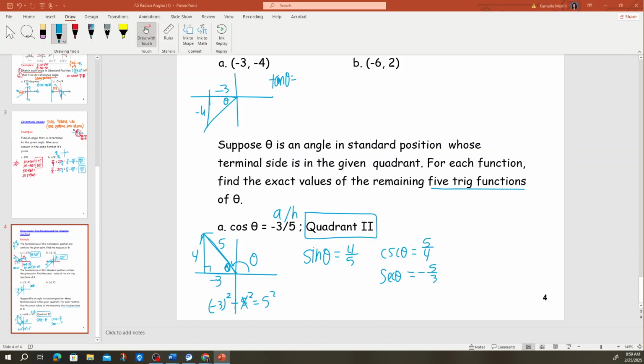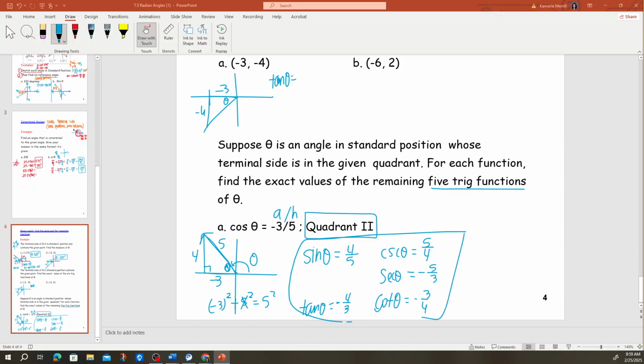Negative 5 over 3. You can just put the negatives out front. And then let's do tangent of theta. Negative 4 over 3, or 4 over negative 3 is right, but I just do negatives out front. Cotangent of theta is negative 3 over 4, and you guys did it.